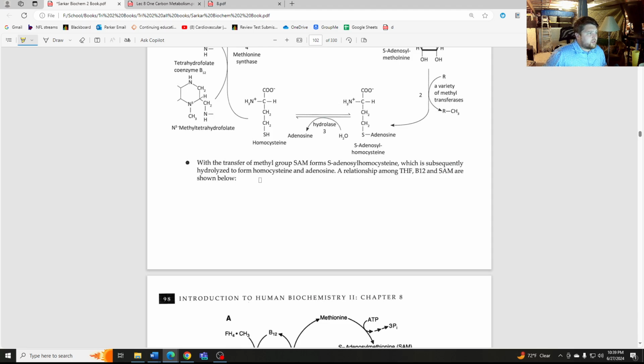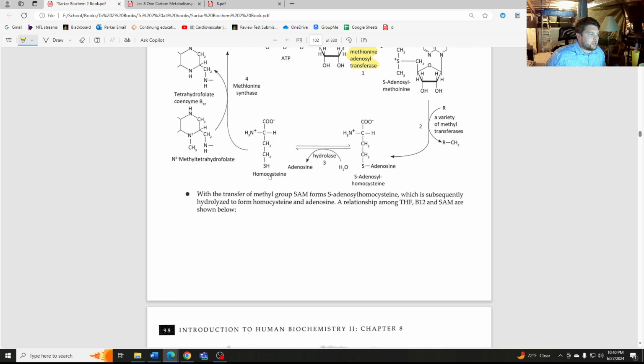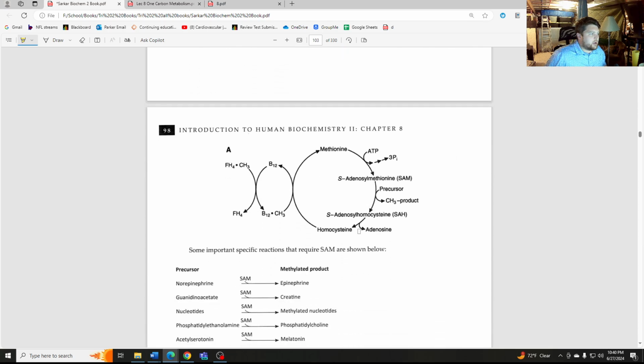So with the transfer of the methyl group, SAM forms S-adenosyl homocysteine, which is subsequently hydrolyzed to form homocysteine and adenosine, and that's the relationship among these three, shown here below. How these are all interconnected.